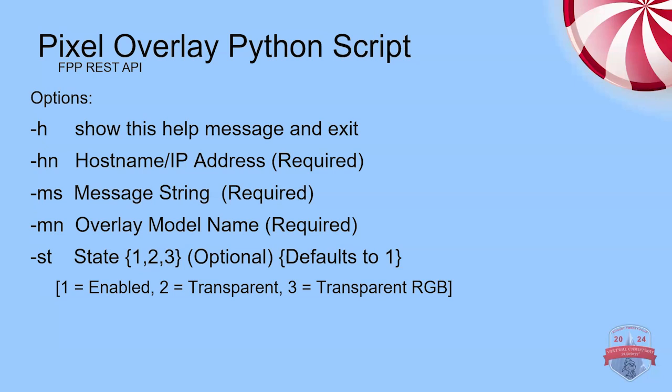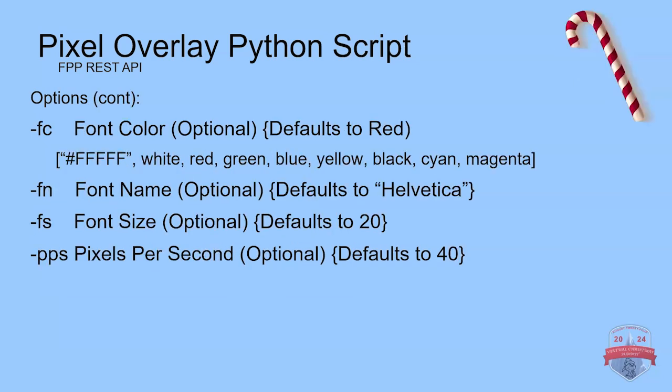But transparent makes the text transparent over the existing sequence. Transparent RGB makes the text solid over that, but it still allows the sequence to be seen behind it. So there's the font colors, the font name, the font size, and pixels per second. And when you increase the font size, you'll need to increase your pixels per second if you're expecting it to scroll across the screen at the same speed.